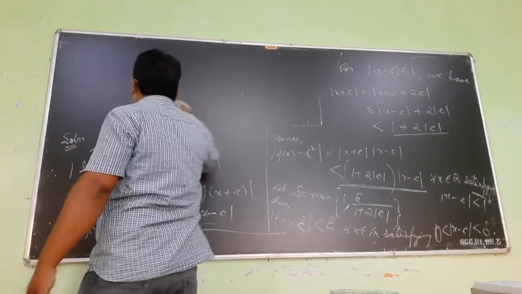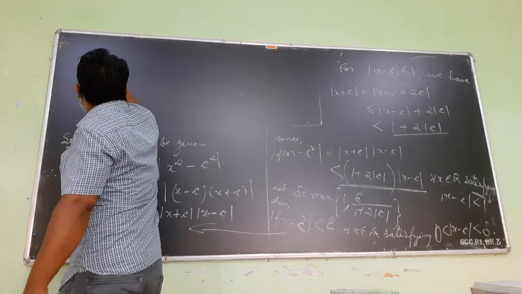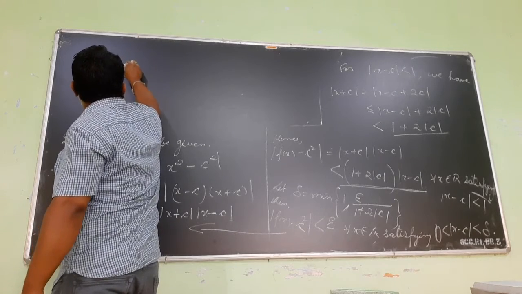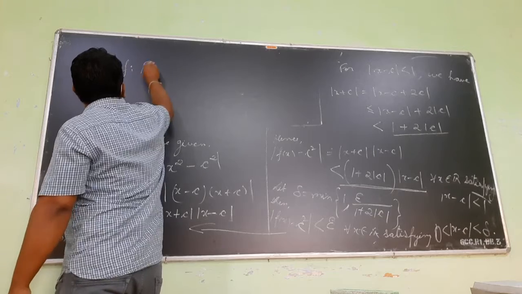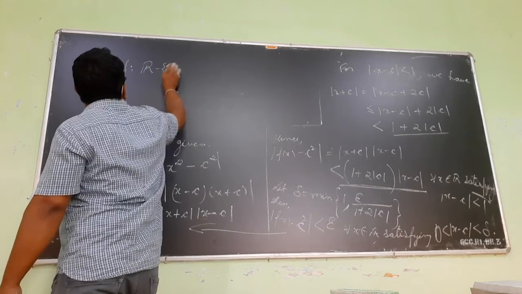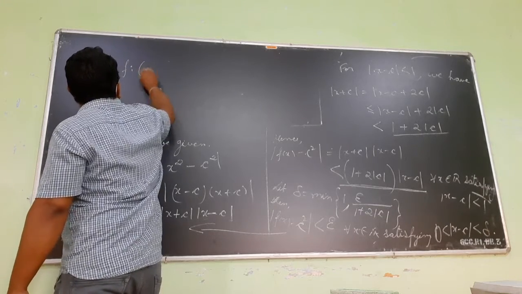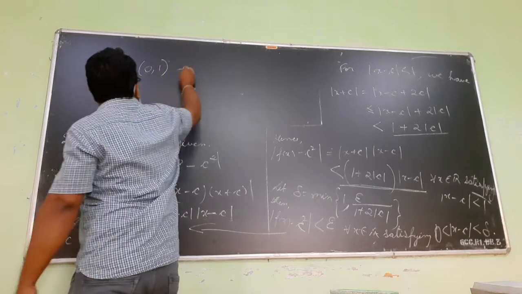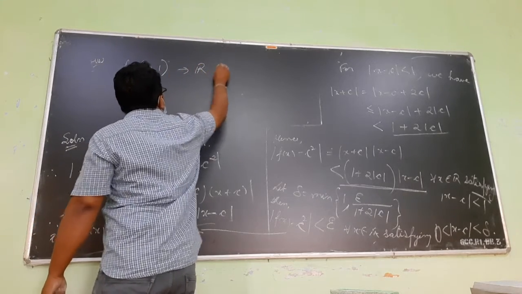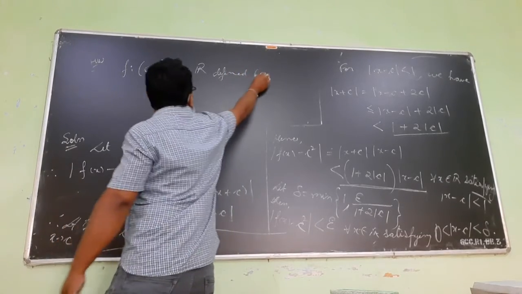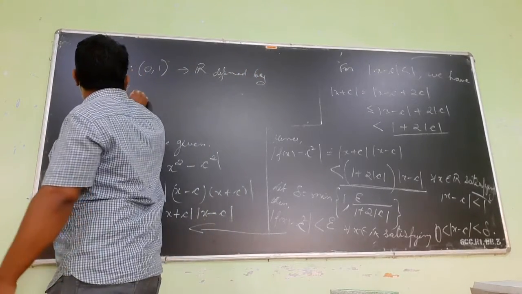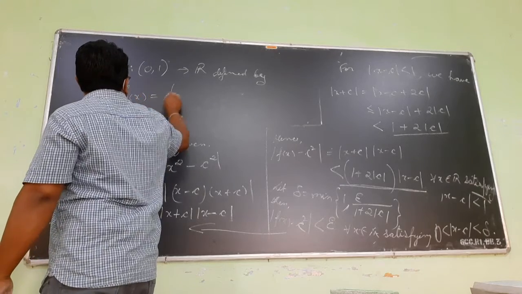So at home you try to do this. Let's say f from 0 1 to R defined by f of x equal to 1 by x.